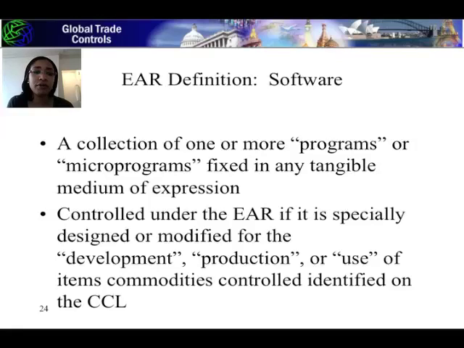And then from there, you're going to want to look at the CCL, which explains the embargoed destinations or particular destinations that you can export your product to without a license, or if you export your product to a certain country, you require a license.